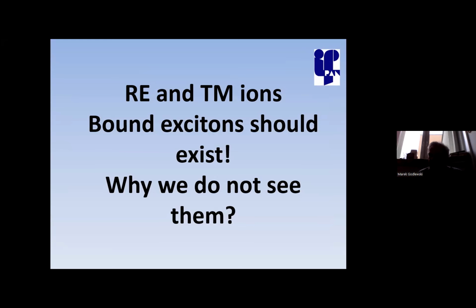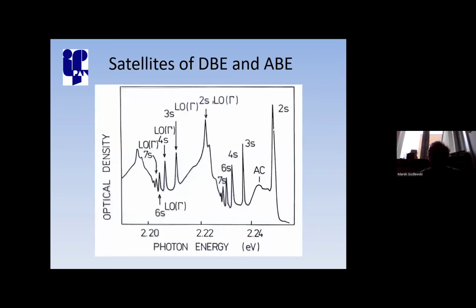Actually, one of the first works suggesting that such states exist was done for copper in zinc sulfide using optically detected magnetic resonance, and that I proposed many years ago when I was a postdoc at Hull University, using for the first time my carrier optically detected resonance. And we see something which indicated that we see some kind of excitonic relative system.